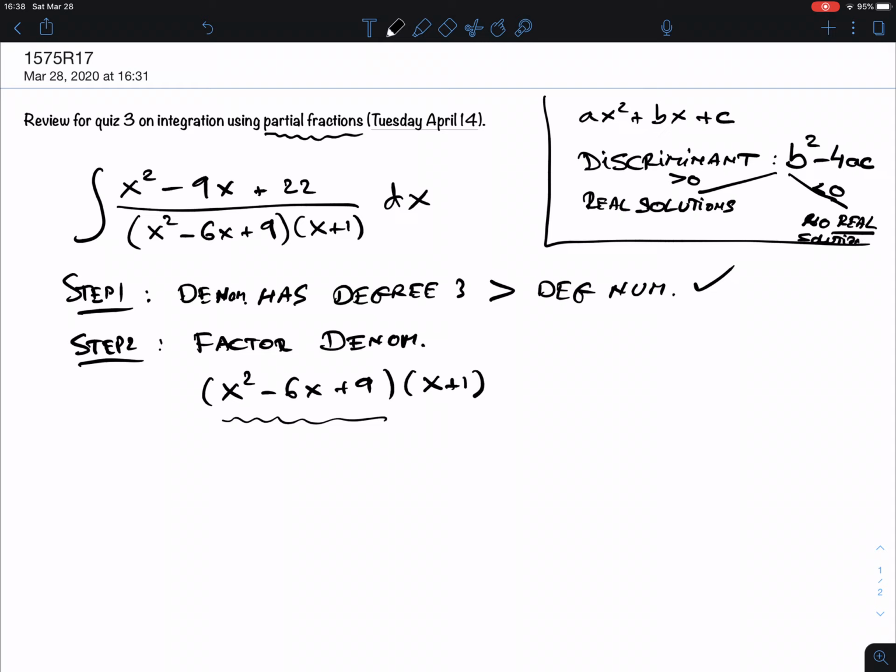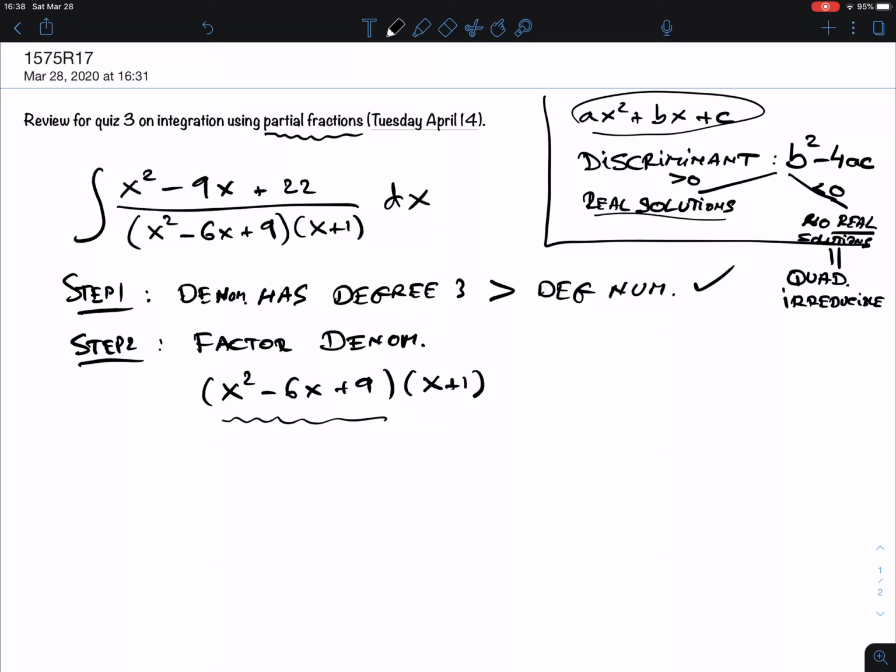And for us, this means quadratic irreducible. This means the quadratic cannot be factored. That's what irreducible means. Otherwise, if we are in the other situation, it can be factored.